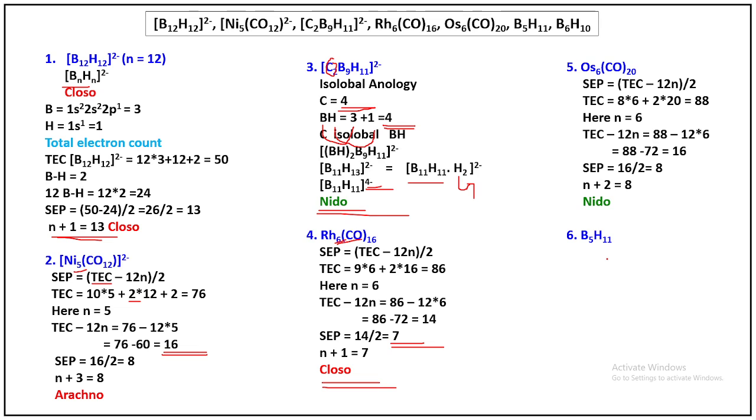The next one is B5H11. Now we know almost how to calculate all types of compounds. We have seen how to calculate where metal and carbonyl molecules are given, we know how to calculate carbonyl with isolobal analogy, and we know how to calculate boron. So this should be easy.